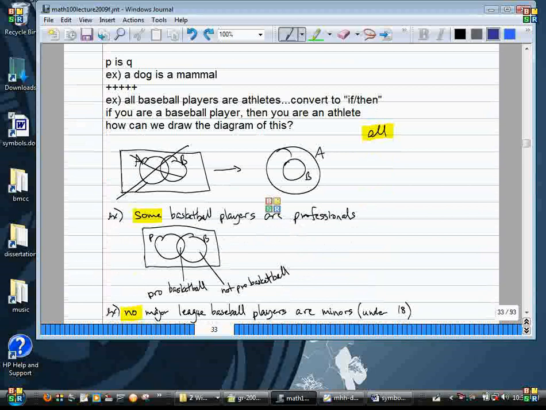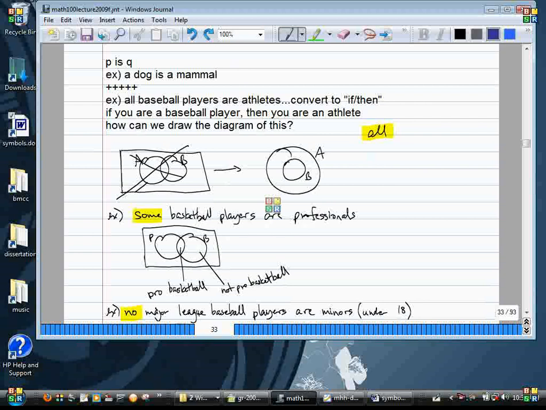Now what about this? No Major League Baseball players are minors, meaning under the age of 18. Now how could you represent this on a diagram? Would you draw two overlapping circles?